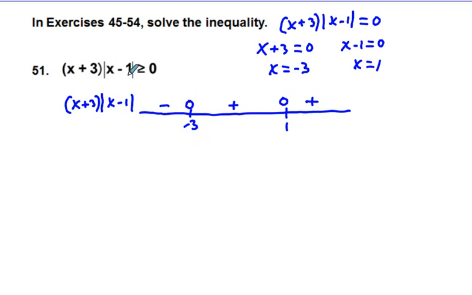So for greater than or equal to, we're looking for x plus 3 times absolute value of x minus 1 is greater than or equal to 0. And where does that start out?